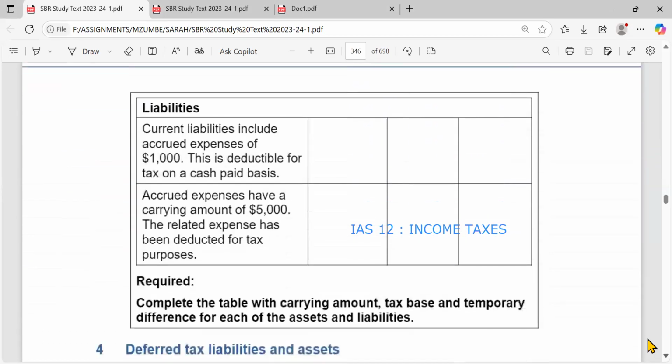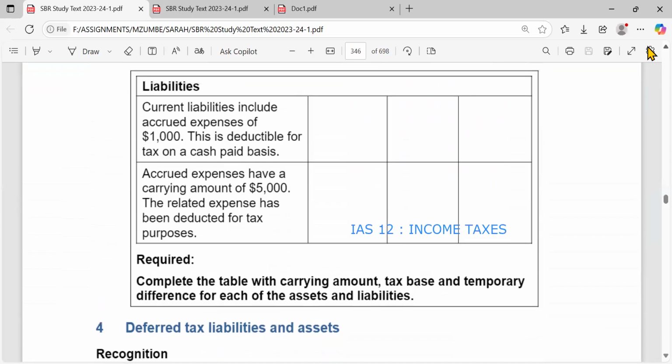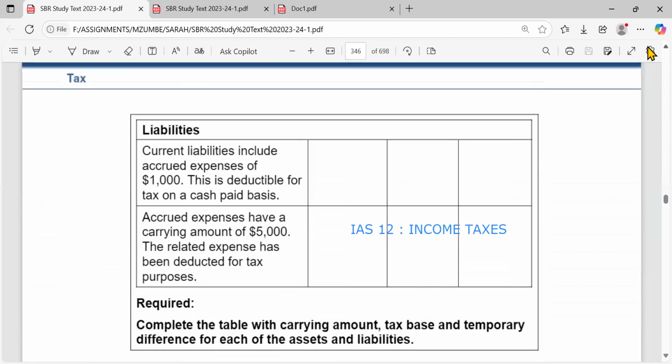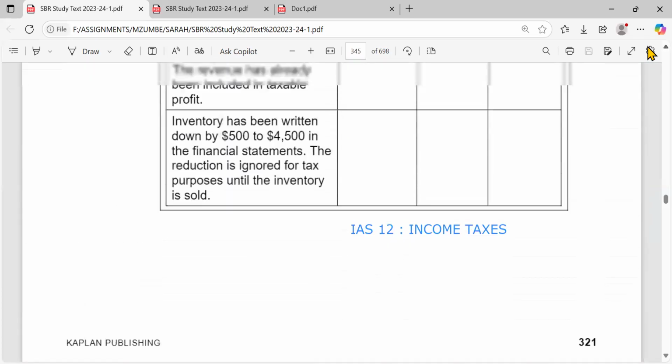We have assets and liabilities like you see. The requirement says complete the table with the carrying amount, tax base, and temporary difference for each of the assets and liabilities. When you get the temporary difference, it tells you that you have a deferred tax asset or deferred tax liability.